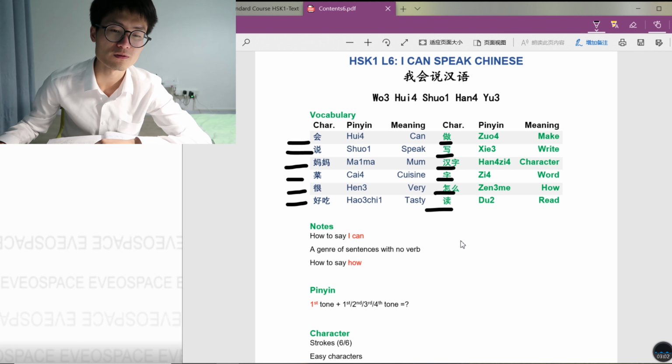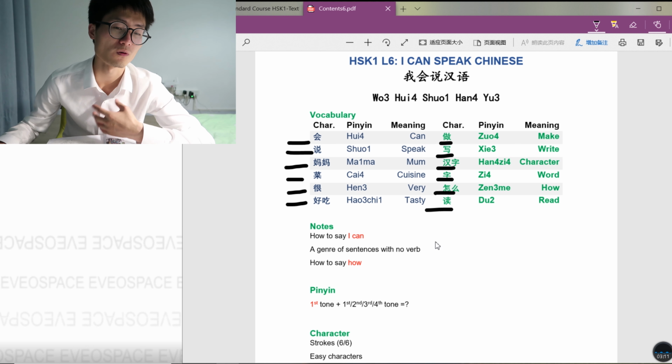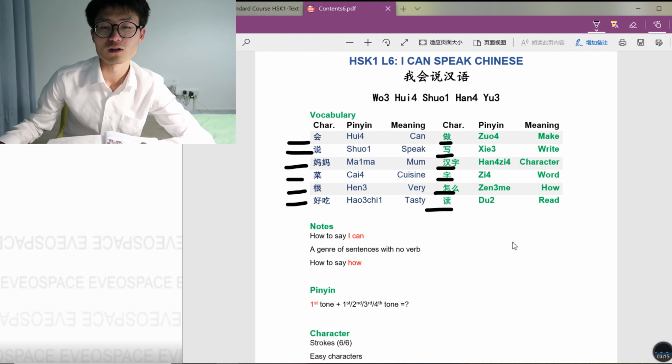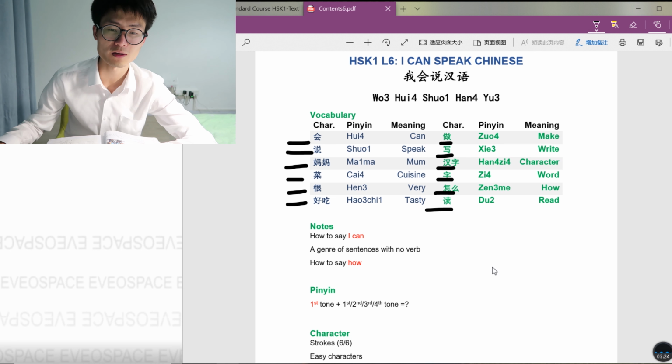We have 3 notes. The first one is how to say I can, or I would, or I'm able to do something. Then next we have a kind of sentences with no actual verb.